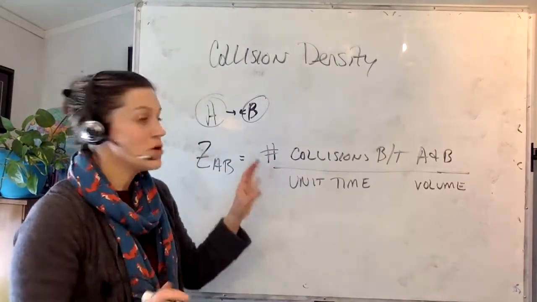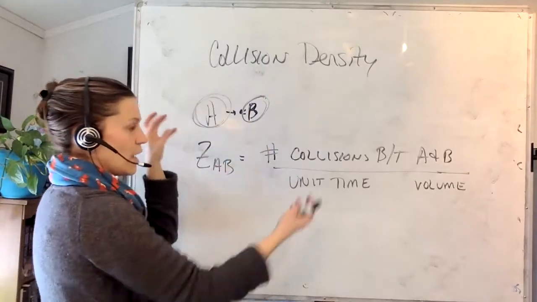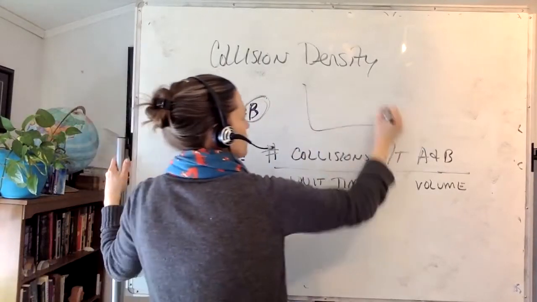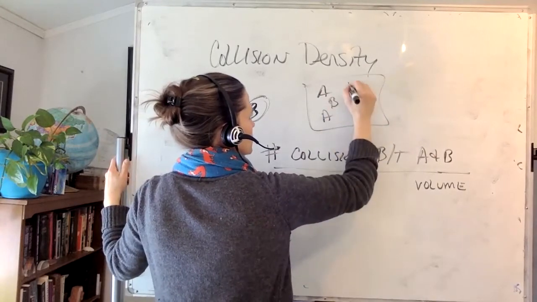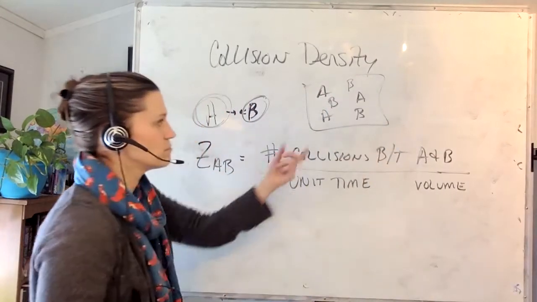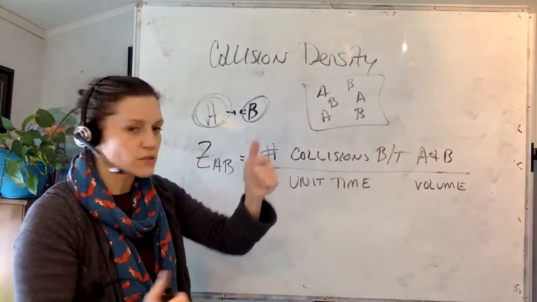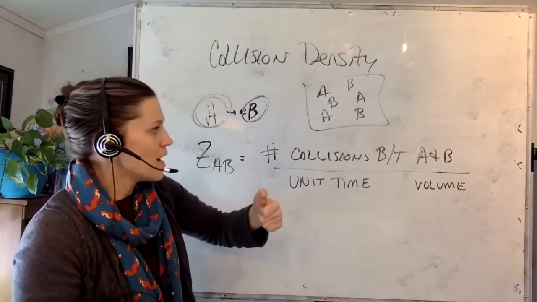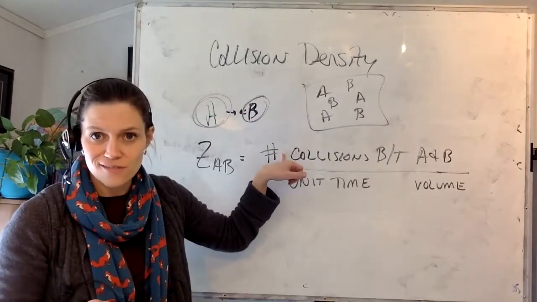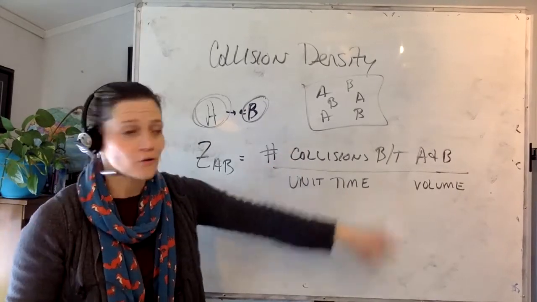Cool. So you're going to have A and B. It's the number. So if you have a box of A's and B's, it's been a while since I've drawn a box with particles in it. Okay, and they're all bouncing around. Then you count. So you have your stopwatch and you say, okay, for say 5 seconds, I'm going to count the number of collisions that happen per that 5 seconds per that volume.